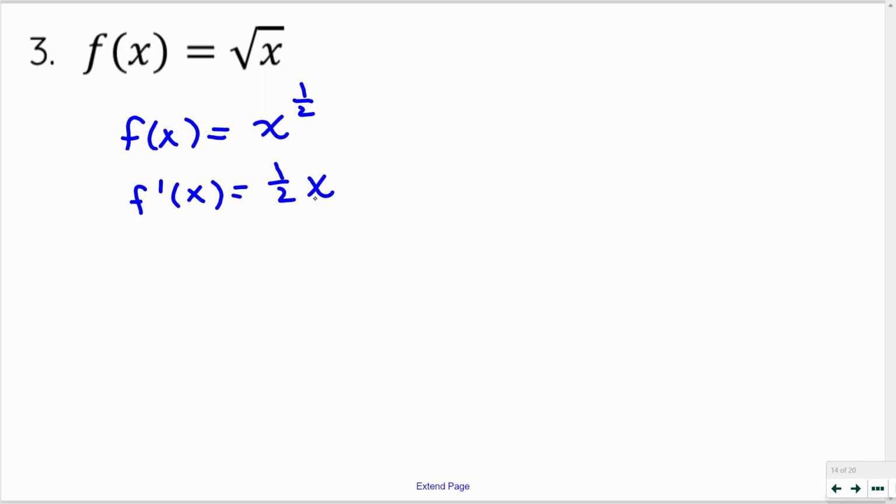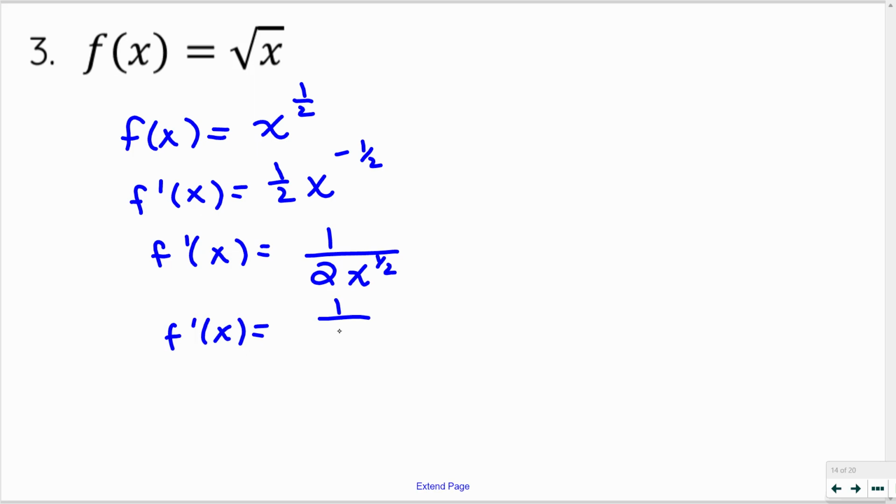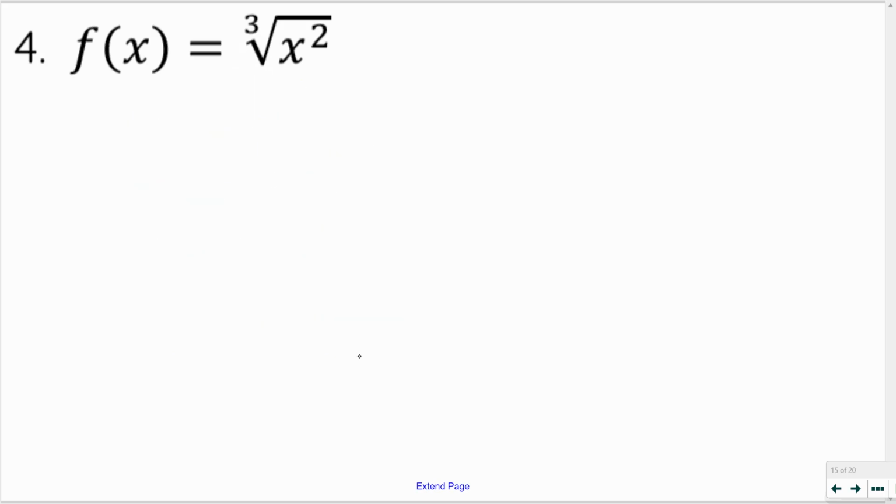So 1/2 take away 1 is negative 1/2. So I want to write this with a positive exponent. So it's 1 divided by 2, and then I'm going to bring the x to the negative 1/2 down. And because I started with roots, I'm going to end with roots. So I'm going to write that as 1 over 2 root x.